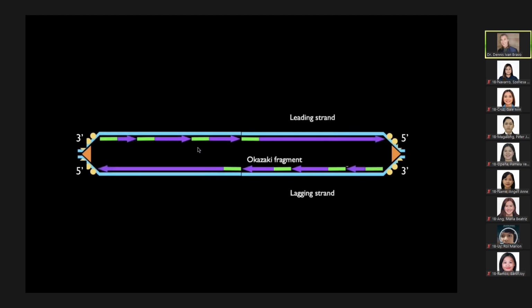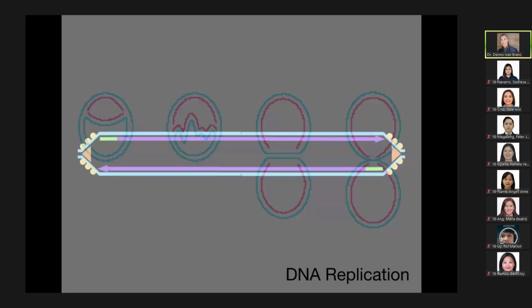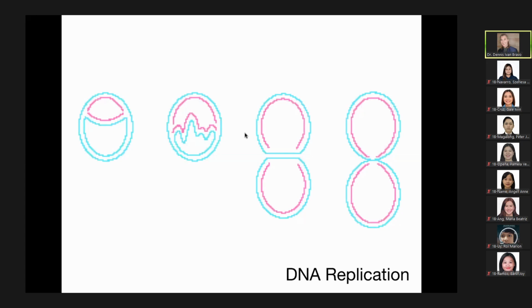Now, eventually, those Okazaki fragments will be taken out and replaced with DNA by the enzyme DNA polymerase 1. And then the fragments are going to be connected together by the enzyme ligase. So let's take a look at replication overall. So we started here.